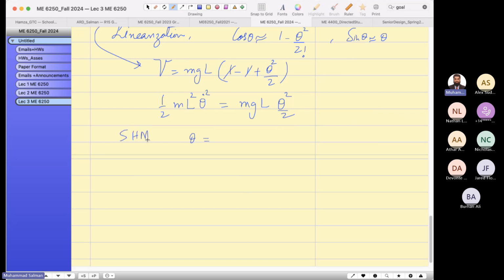In simple harmonic motion, we can assume that the angular displacement can be written like a sine wave with amplitude A. So theta dot can be represented by A omega cosine omega t. Similarly, if you take the double derivative, you will get negative A omega squared.